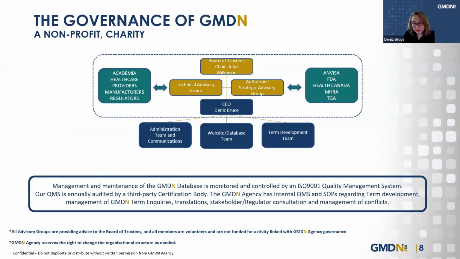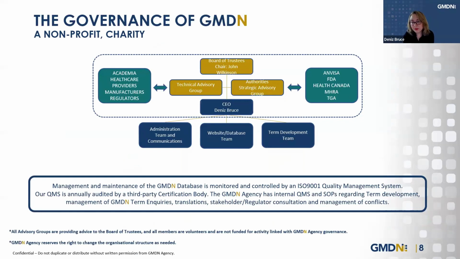I'm not going to go into detail with this one. I just want to clarify. We always say guided by regulators, and what does that mean? You can see the regulators on the right-hand side actually make up our Authorities Strategic Advisory Group.